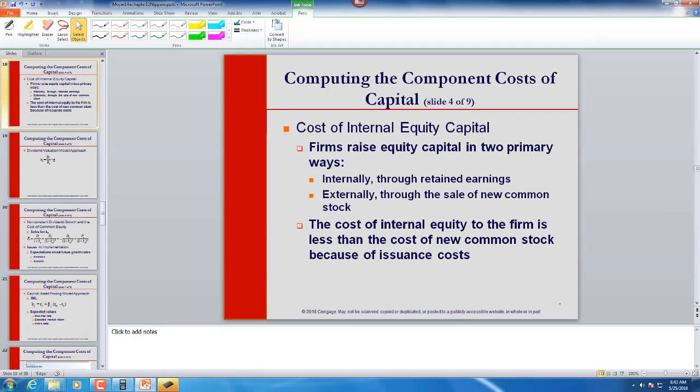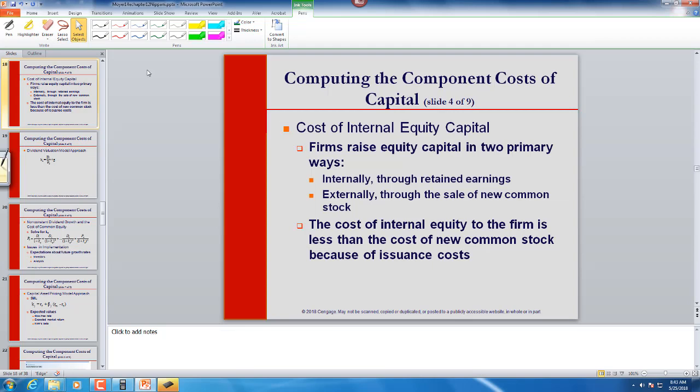Okay, now we come to the equity side of things. This is really cool. Now, you all know that any earnings that have not been paid out as dividends belong to the equity stockholders.